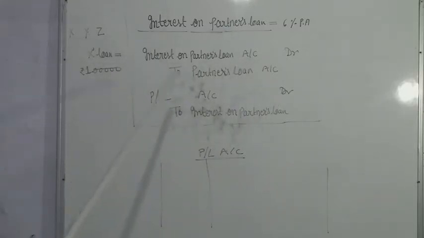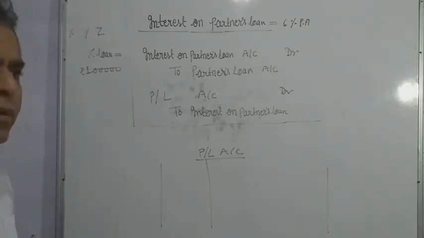After allowing, we transfer this amount of interest on loan to PL account. Why? Because if any partner has given loan to the partnership firm, then the firm will allow interest, and whenever the firm is allowing interest to the partners on partners loan, this interest on loan is an expense for the firm, and this amount of interest on partners loan should be debited in PL account.